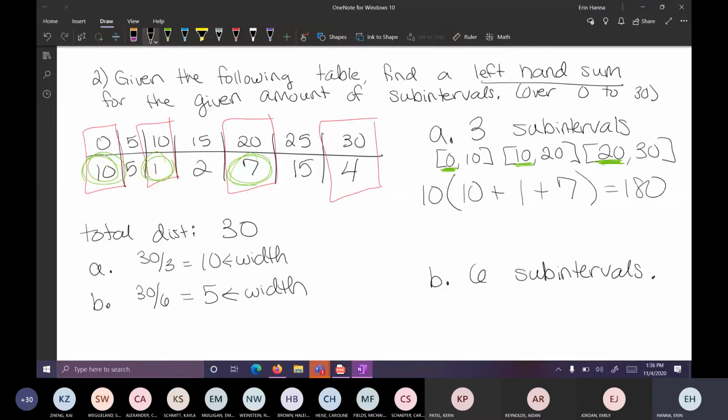So this is the width, and these are the lengths from the y values at the left endpoints. And the left endpoints in this case are 0, 10, and 20.